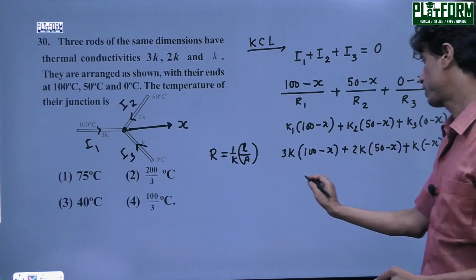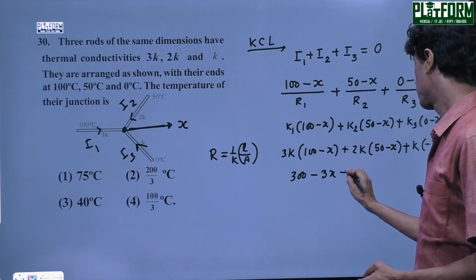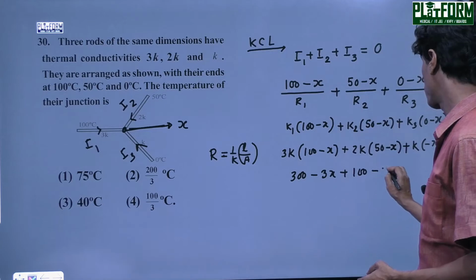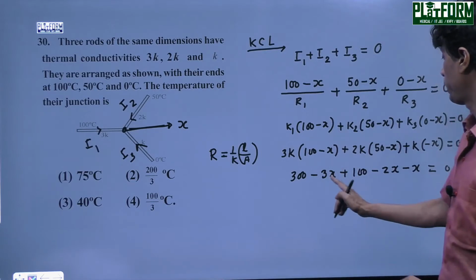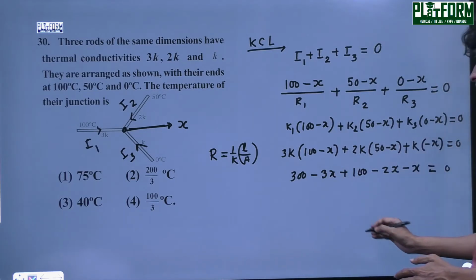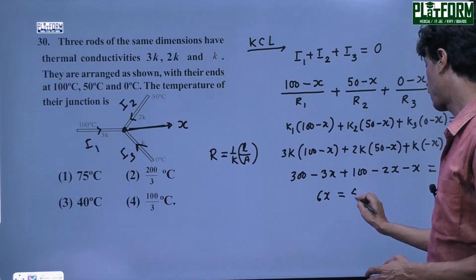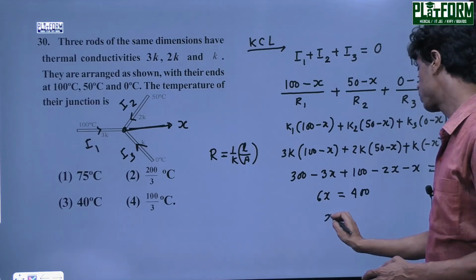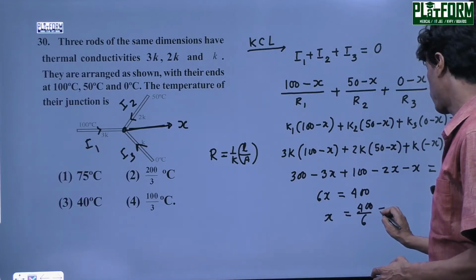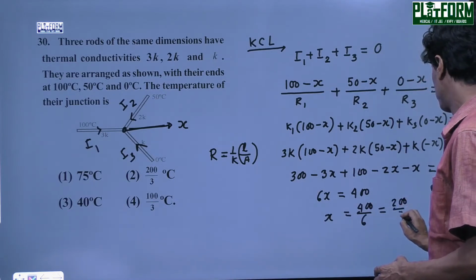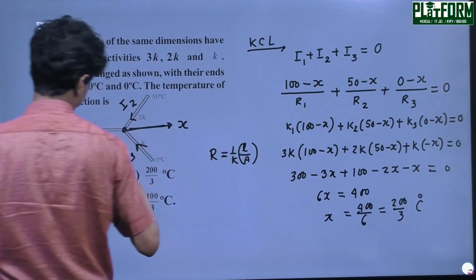By simple calculation, it is 300 minus 3x, plus 100 minus 2x, minus x equal to 0. 3x plus 2x plus x is equal to 6x. So 6x is equal to 400 and x is equal to 400 by 6, which is 200 by 3 degrees centigrade. So the correct option matches with option 2.